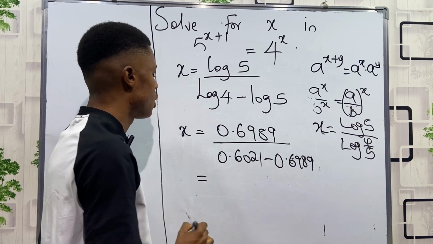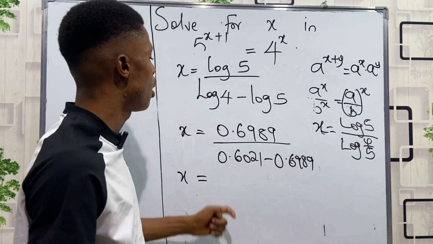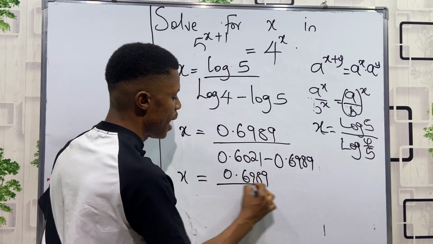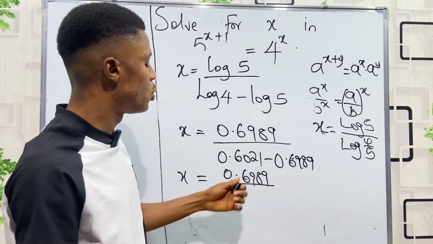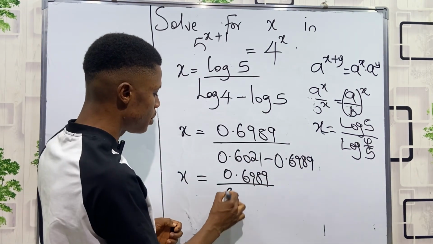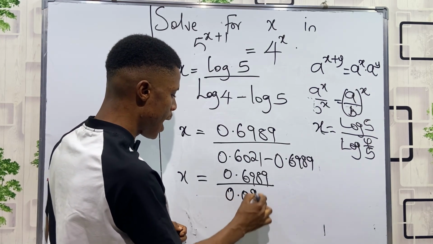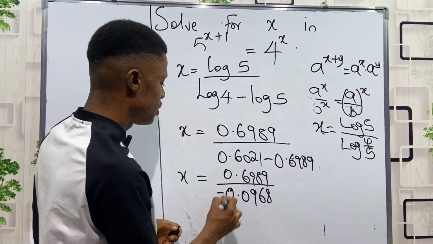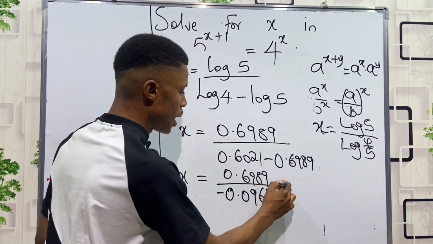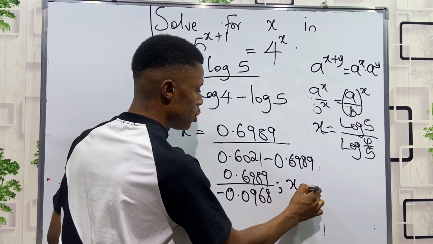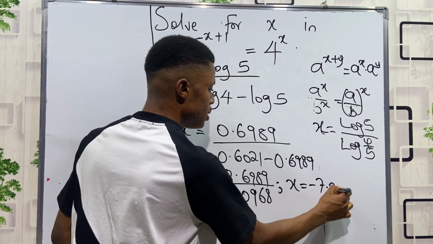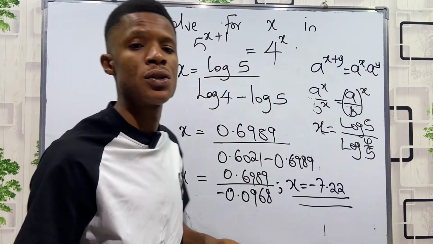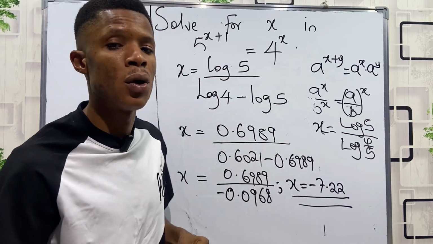So we will be having 0.6989 divided by, when we do the subtraction, 0.0968, okay. When we divide this, you can now see that x is equal to minus 7.22. So the value for x in this exponential equation is minus 7.22.